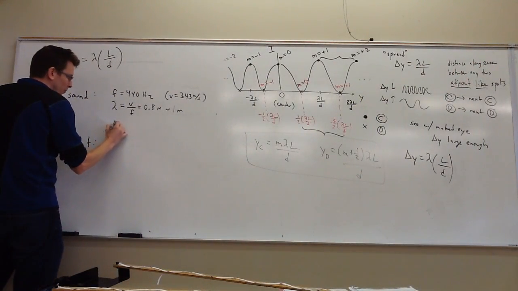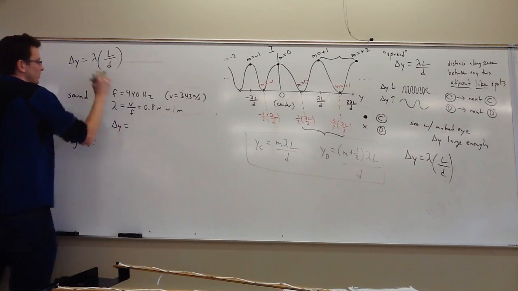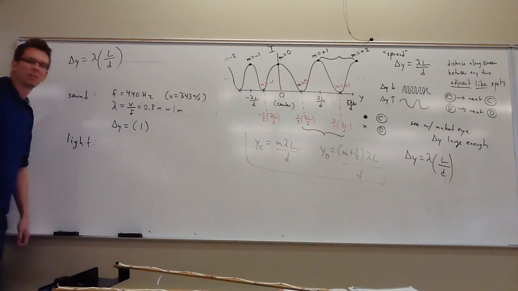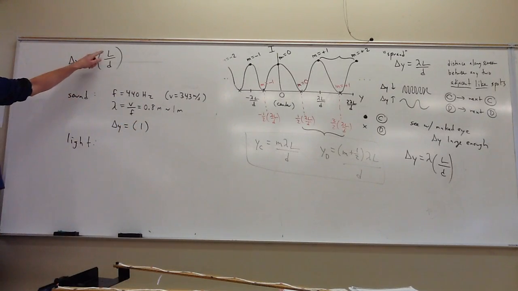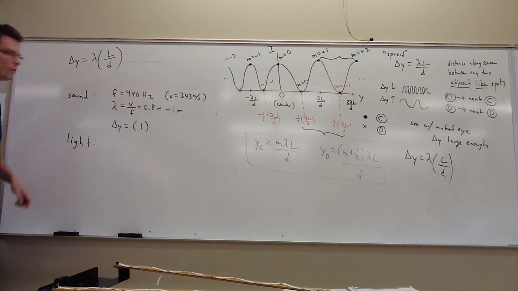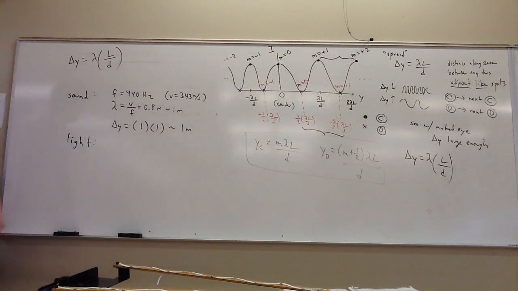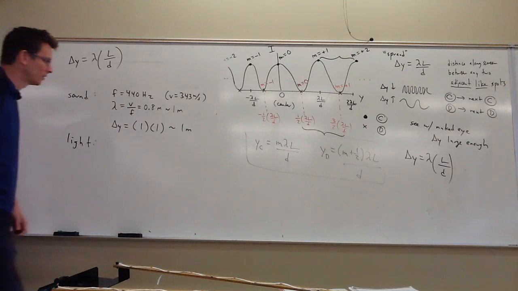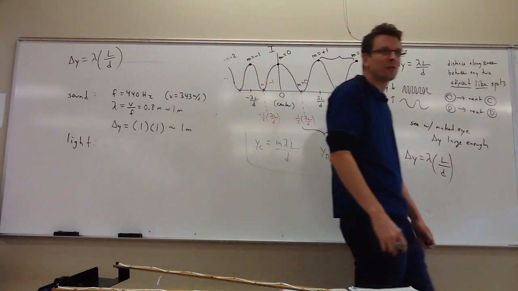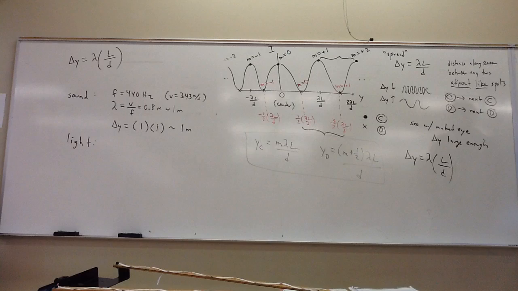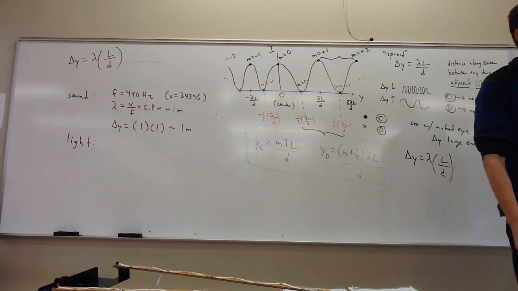Well, if I go to my formula, and the wavelength is on the order of 1, then if the ratio of L over D is also about 1, then I'll get a spread of 1 meter, roughly, right? So again, just really approximate. The squiggle means sort of-ish. Not even approximately equal to, but sort of, kind of, generally in the right power of 10.